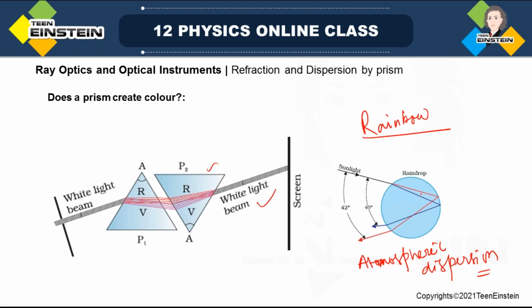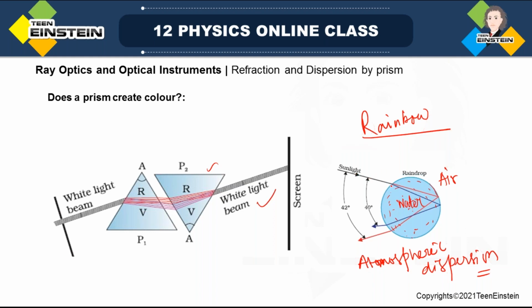What happens over here? Look, sunlight. This is a raindrop, meaning you have water here, a water droplet, one raindrop. So you have air outside and water inside. The surface of the raindrop becomes an interface for refraction, and this is a transparent medium.